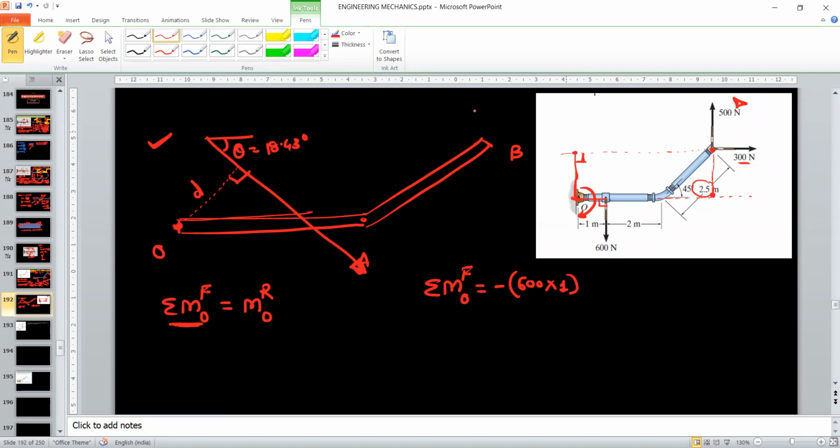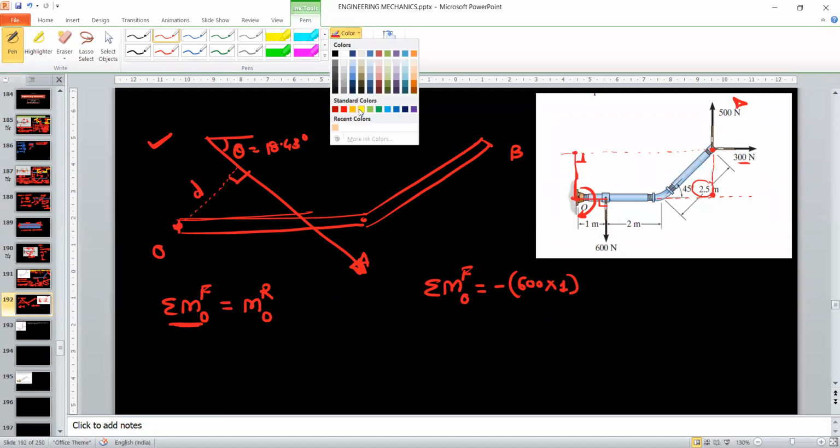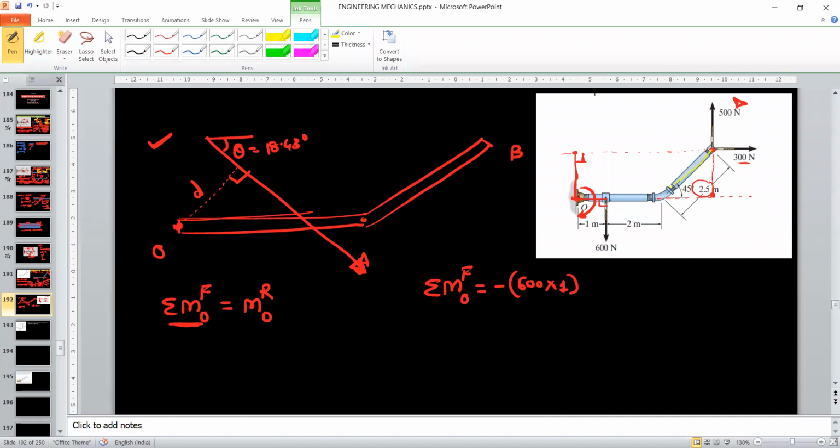By referring to this triangle, this is one right angle triangle. In this right angle triangle, we know that this is 2.5 meter and this is 45 degree, so you can find out this side. How to find out this side? You can use sine 45. Sine 45 is equal to, just refer to this triangle, this is 45 and we require this side. I will assume it as a y distance, and the hypotenuse is 2.5 meter.